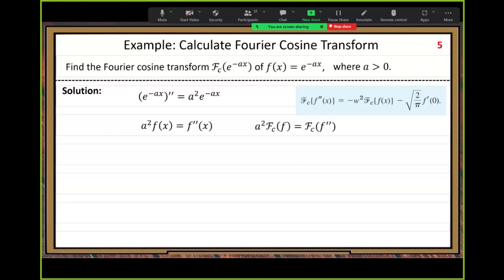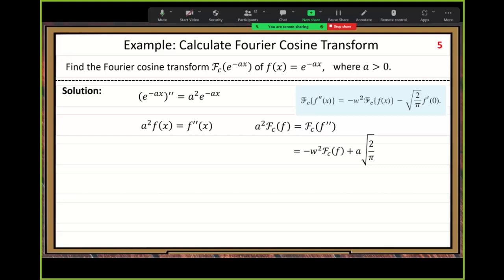The first time we apply the linearity principle, we take a squared out. This expression, we can use that formula. Negative w squared Fc transform of f, the same transform.